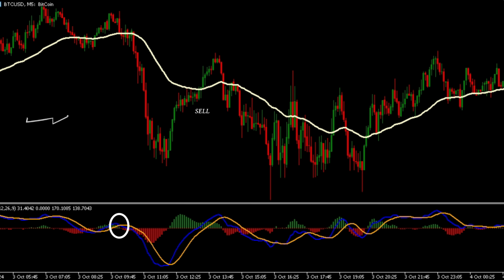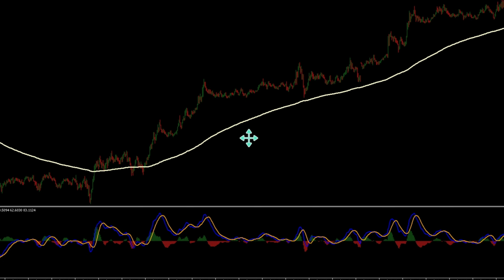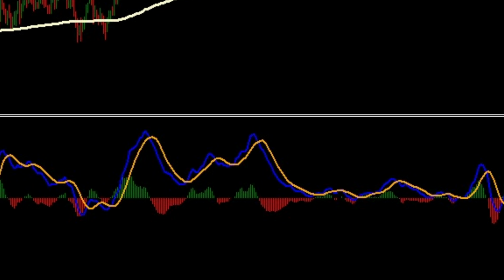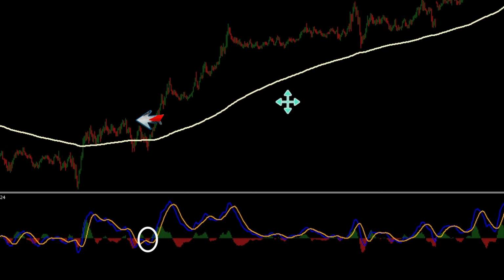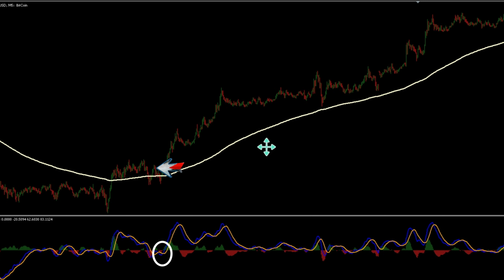Here's a great example. The MACD lines cross below the zero line and upward, while the price stays above the 200-day moving average. This combo gives you that juicy high probability trade. To protect your capital, set your stop loss just below the 200-day moving average. Think of it like a wall that your trade has to break through.